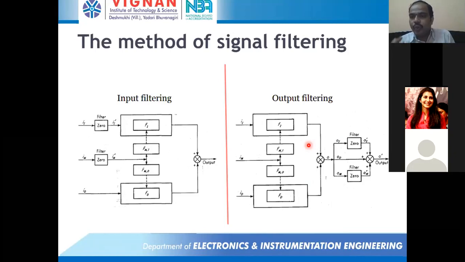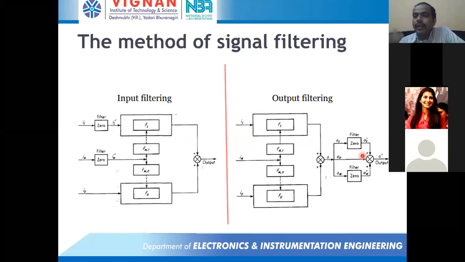We require only the passage of tea. We don't require the solid particles. The tea powder particles are unwanted, so it blocks the passage of unwanted material. Is that nothing but filtering? So in this method, filters are used on signals. These filters you can design at the input side or maybe at the output side.